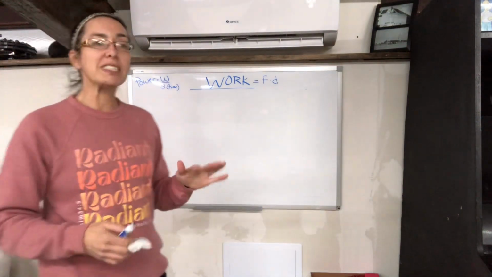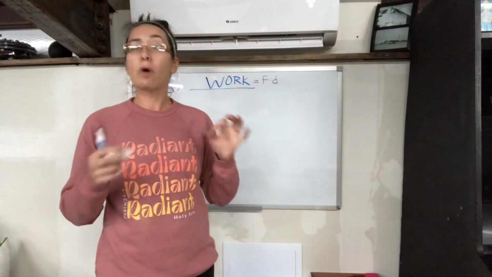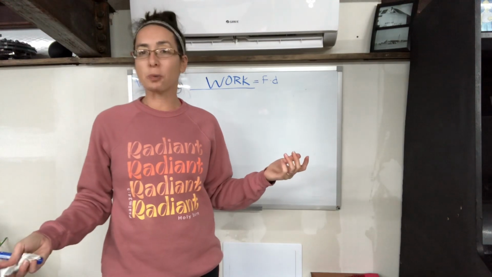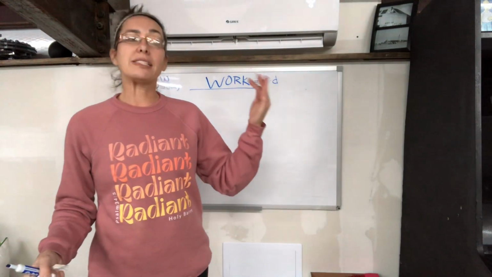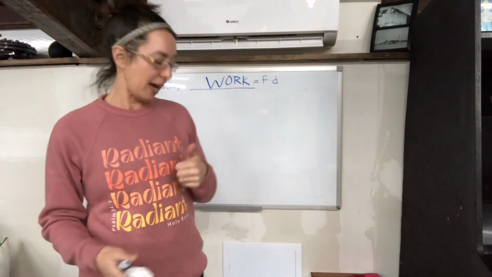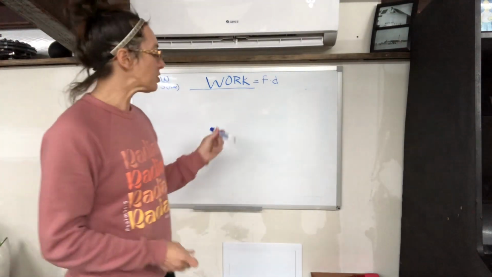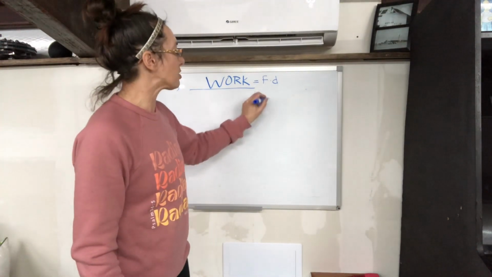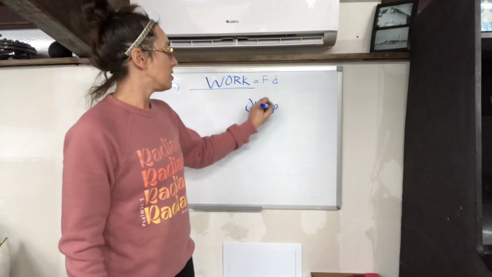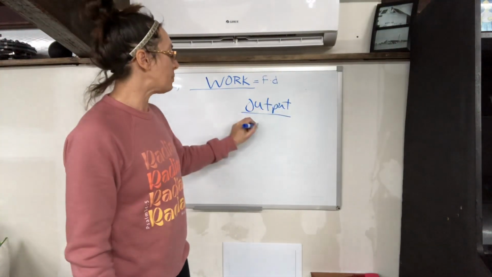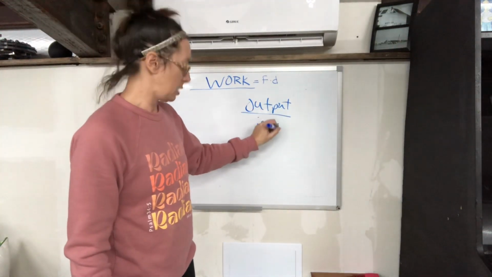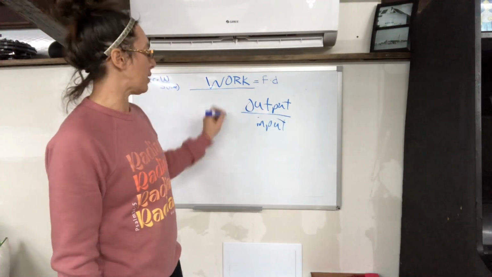So efficiency is basically just saying, in a perfect world, it'd be 100%. But we want our efficiency to be as high as possible. And so our efficiency is always, how much did we actually get out? So our output divided by how much work we put into it.